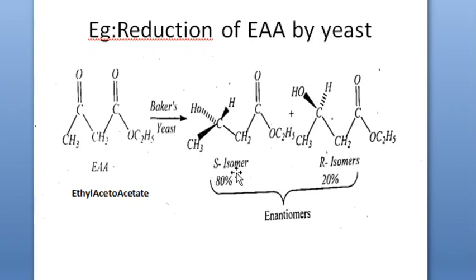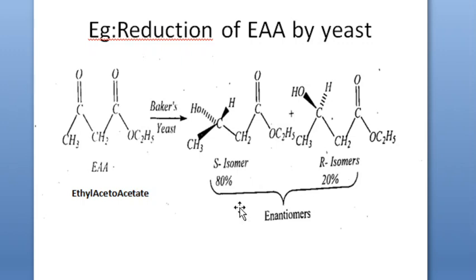So you can call the S isomer major and the R isomer minor, and these two, S and R isomers, are called enantiomers, and one of the enantiomers is produced in excess to the other enantiomer.